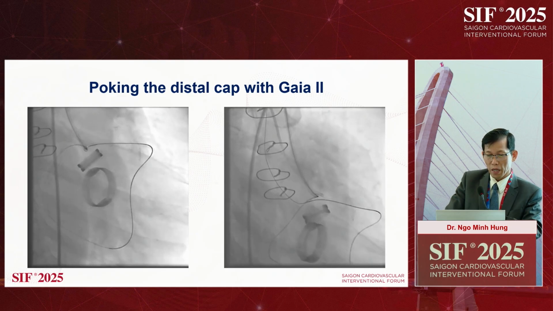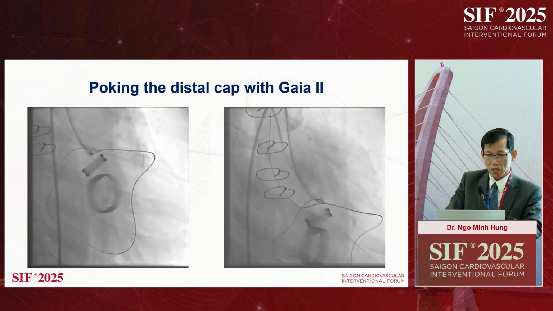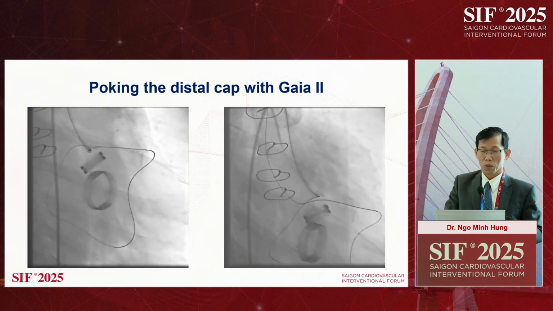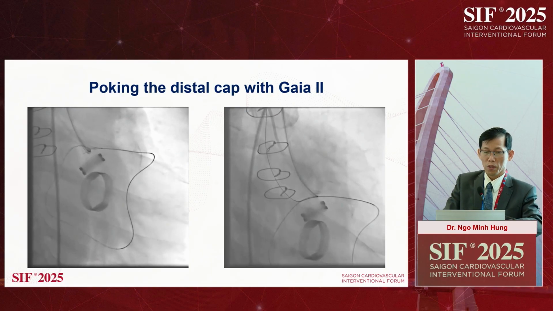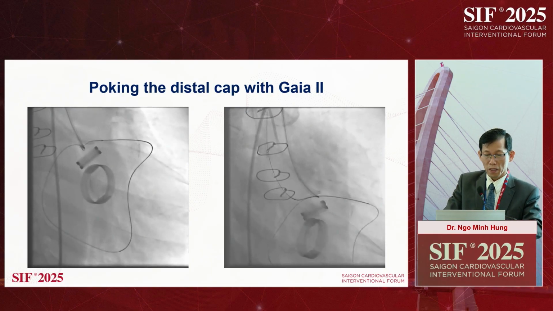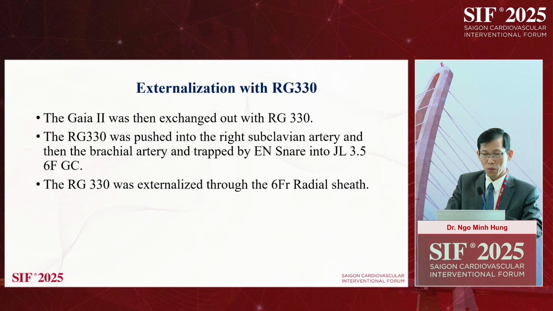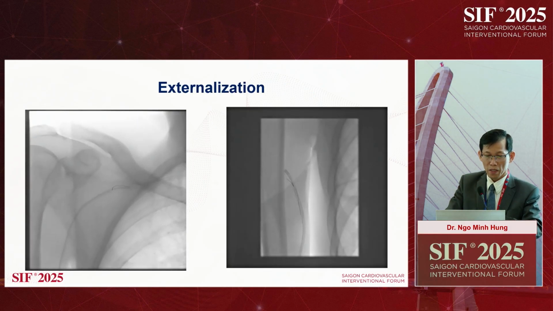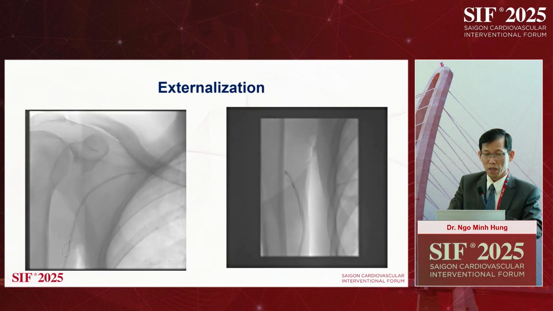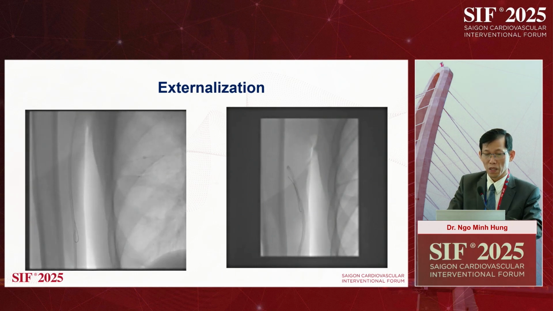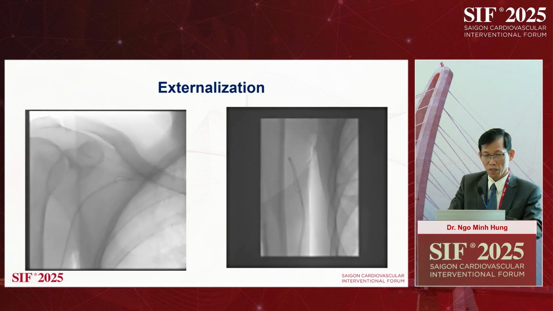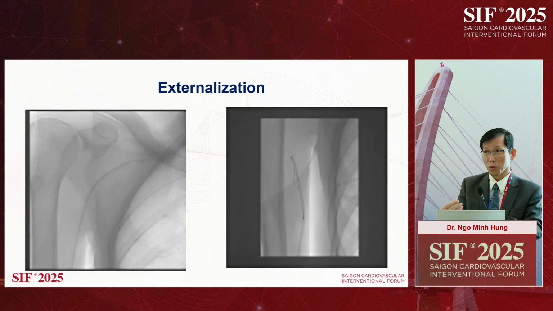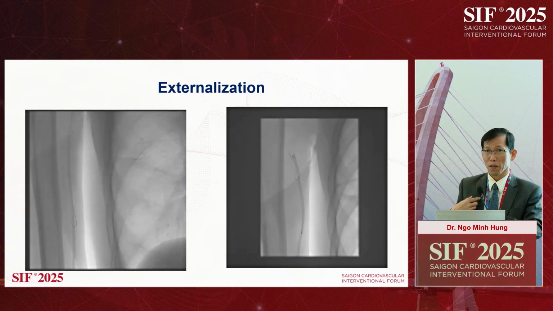And I send it to the subclavian artery and capture the wire there. Yeah, ethanolization with the acid 330, and then snare it at this point because it is narrower, and the smaller artery is easier, so I use the snare. Use the blood flow to make the wire go to the subclavian artery.